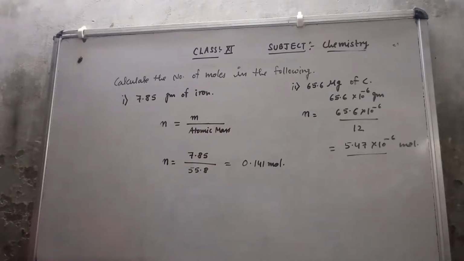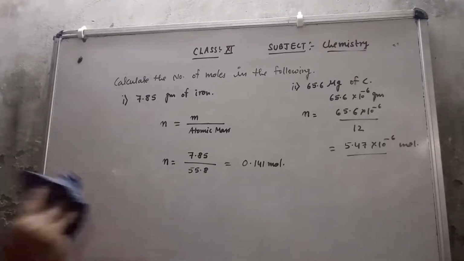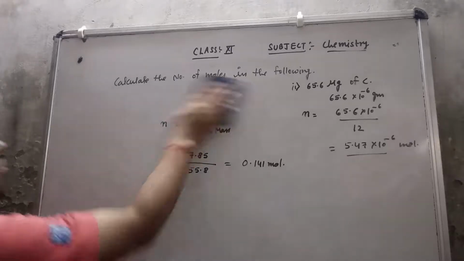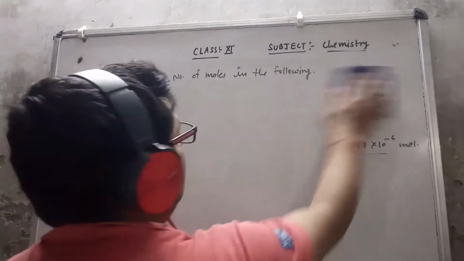Now the third category, in which we want to find out the number of atoms in each of the following.